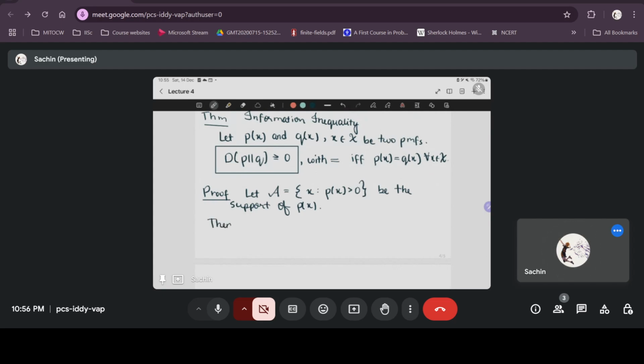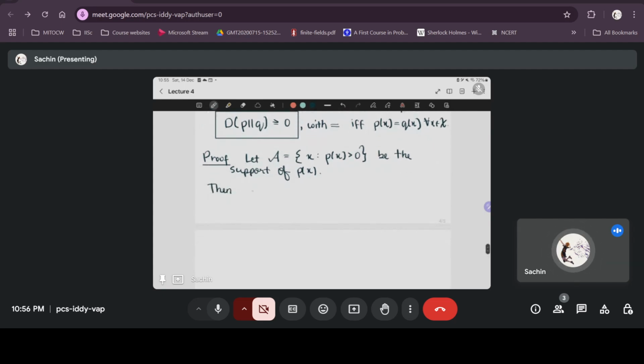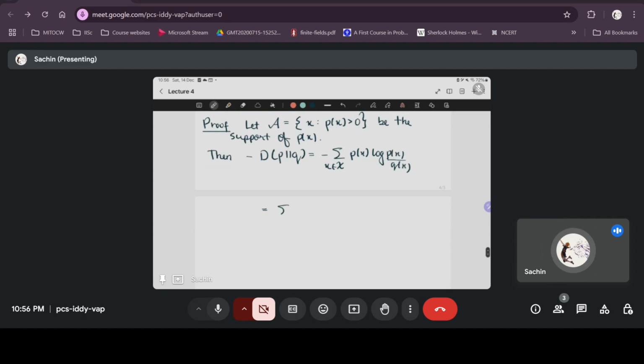Then, just for convenience, we will take the negative of the relative entropy D of p parallel to q. That will be equal to minus the sum over x belonging to script X of p of x log p of x over q of x. Now I'll do two things here.